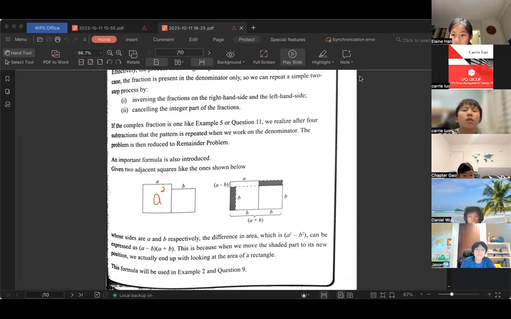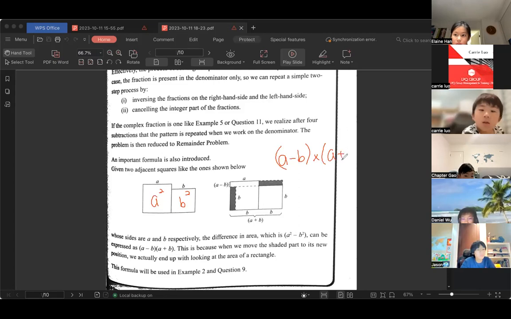If we have two squares whose sides are A and B respectively, how do we find the difference in area? It is A squared minus B squared, right? Very good, because this one is A squared and this is B squared. And it can be expressed as A minus B times A plus B.